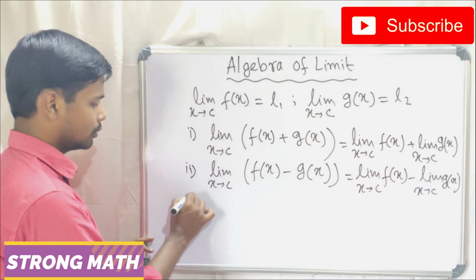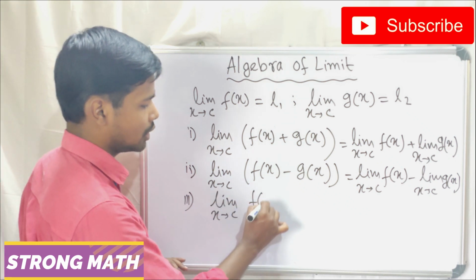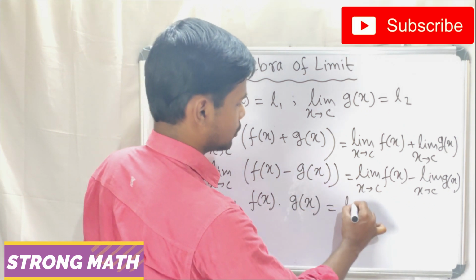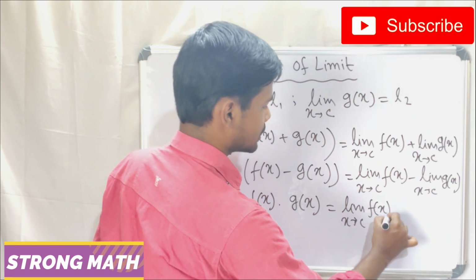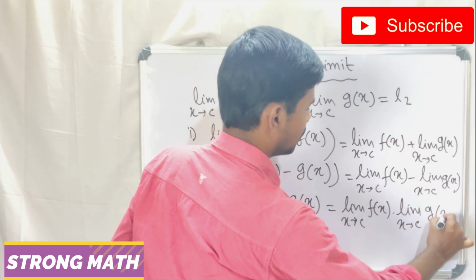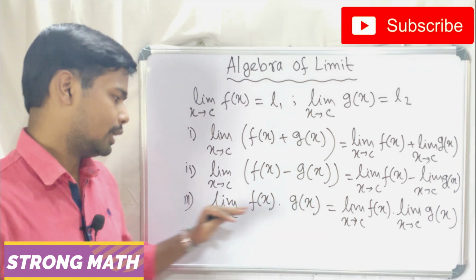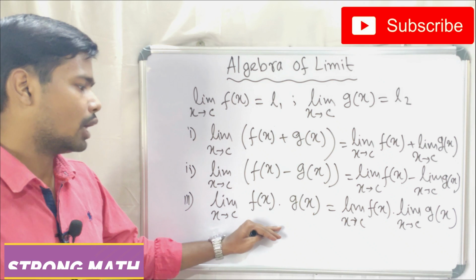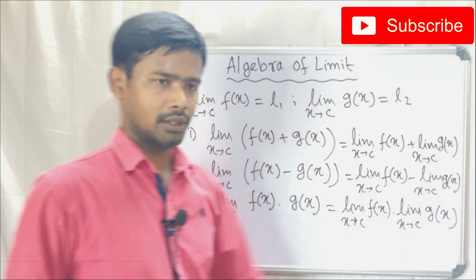Similarly for multiplication, the limit as x tends to c of f of x into g of x equals the limit of f of x into the limit of g of x. The limit of the product of two functions is equal to the product of their limits.